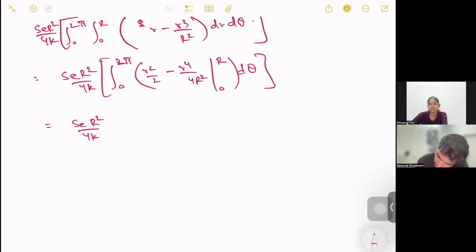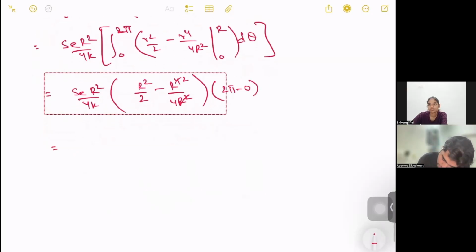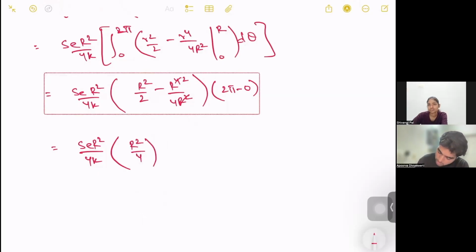So this will be S_E R square by 4k into R square by 2 minus R to the power 4 by 4 R square, where R square cancels, into the integration of theta, which is simply 2 pi minus 0. So equals S_E R square by 4k into R square by 2 minus R square by 4, which is basically R square by 4, into 2 pi.